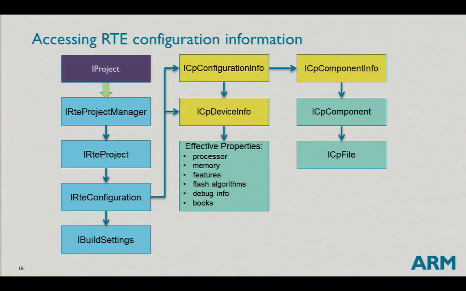You can query the reference information, the device info, or directly from this configuration, and then get its effective properties: what processor is used, what the memory layout is, which flash programming algorithms are available, and so on. And similar for the components.